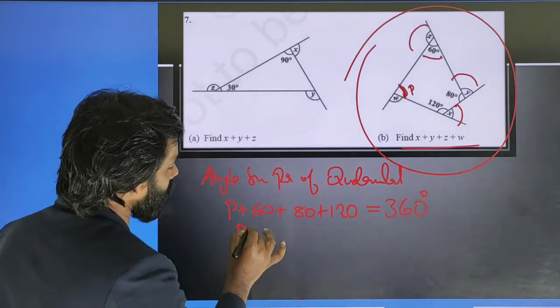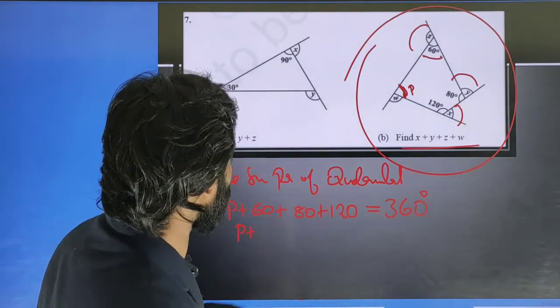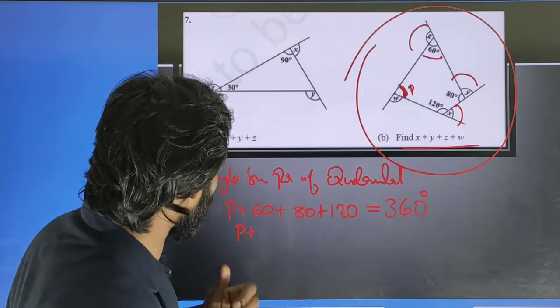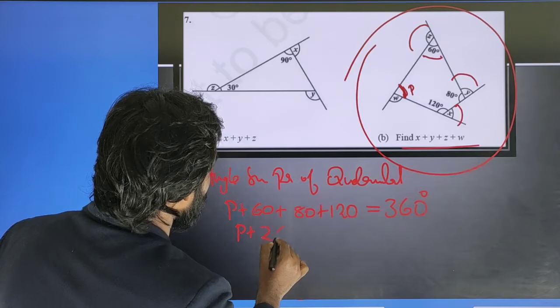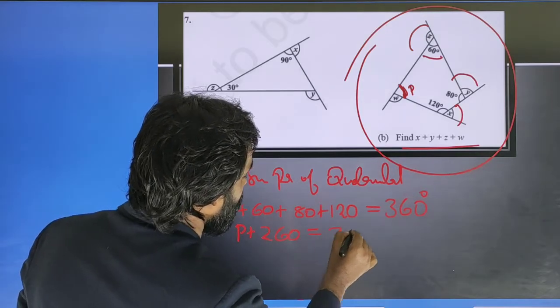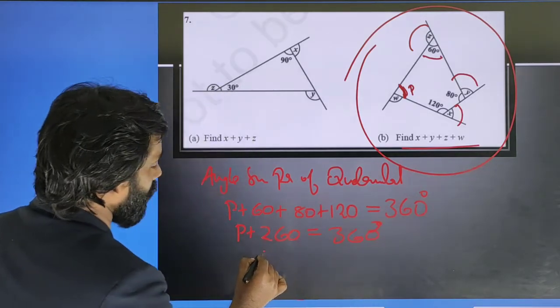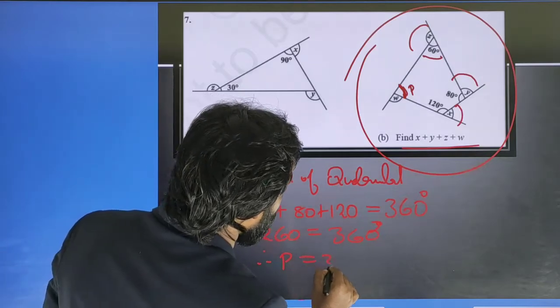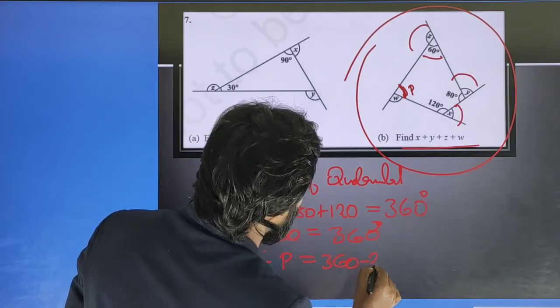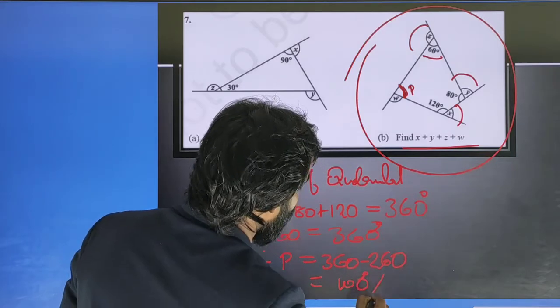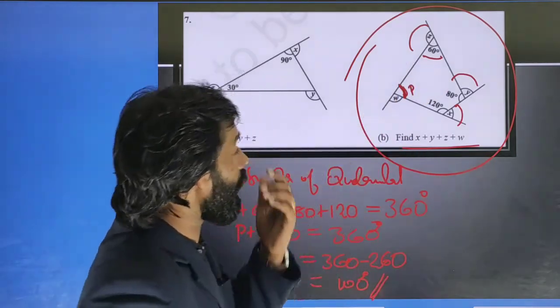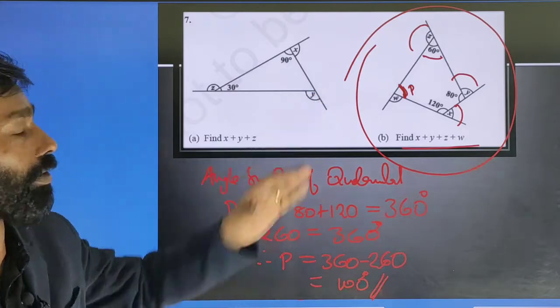So we can write p plus, we just add all this, 120 plus 80, that is 200. So 200 plus 60, 260, well, that should be 360. Then what about p? Therefore p equals 360 minus 260. So what is that? That is 100. Yes, we got the value of p by applying the angle sum property of a quadrilateral.